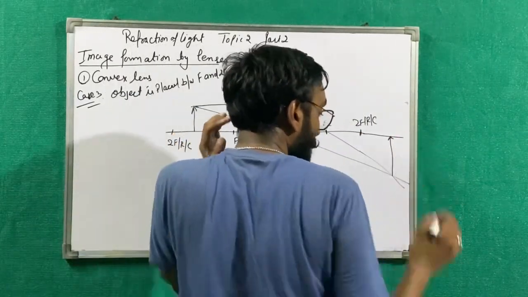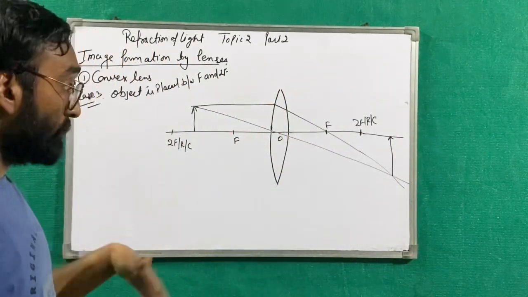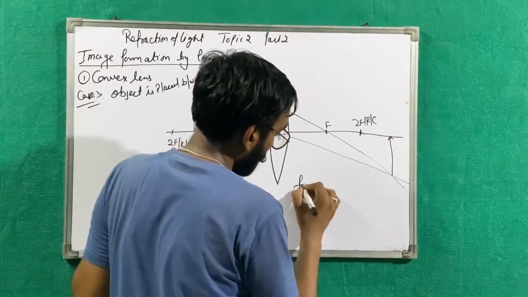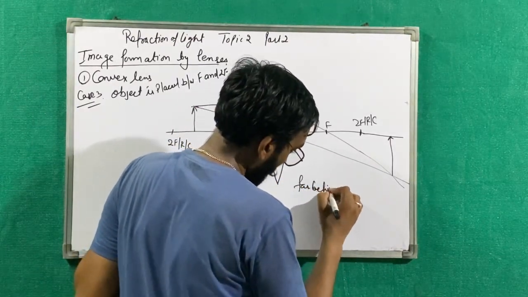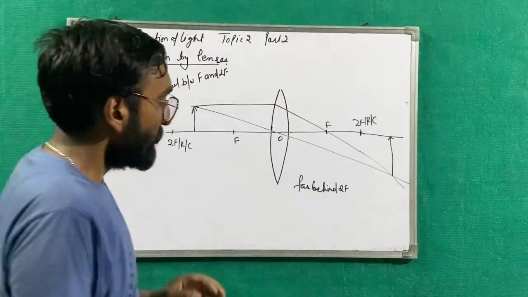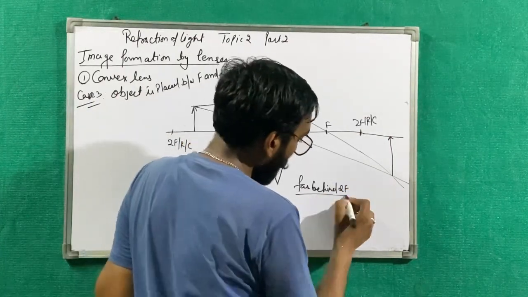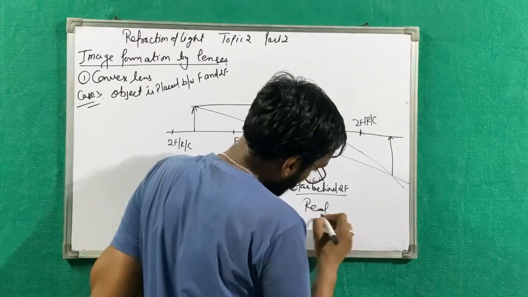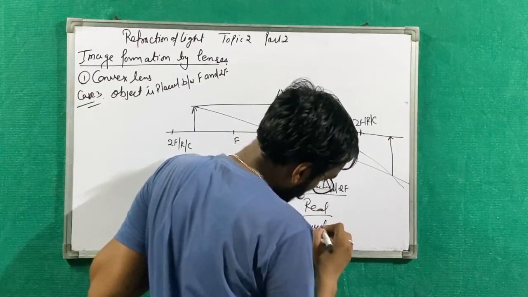So here it is the image, it is far behind 2f. Okay, so here it is far behind 2f, real, inverted.